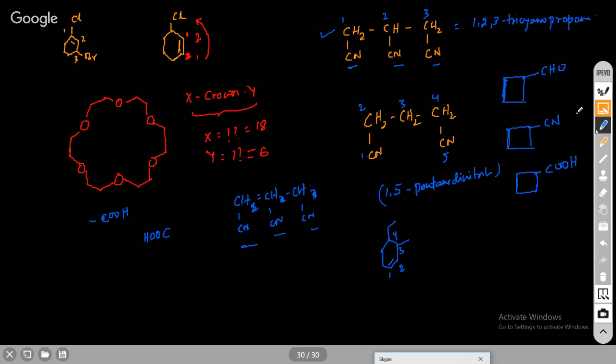First, you tell me this one. What is the name of this compound? This one. These three, you tell me.